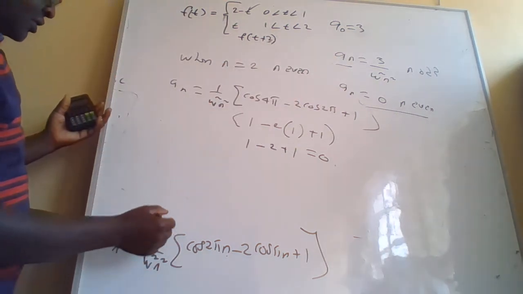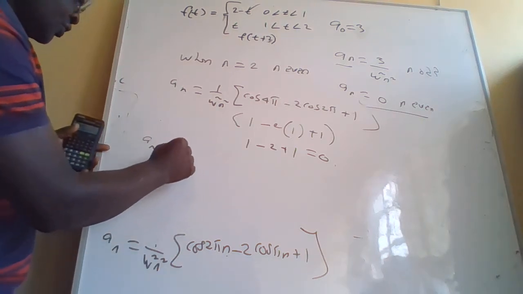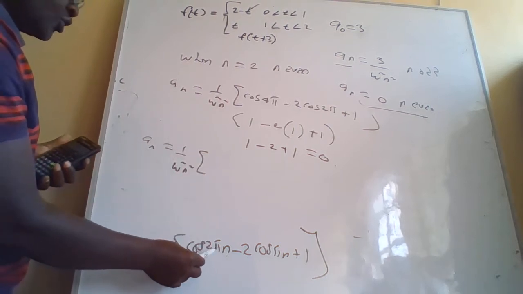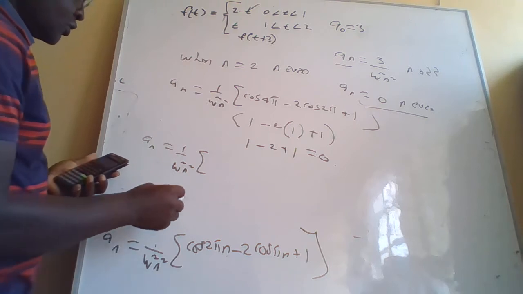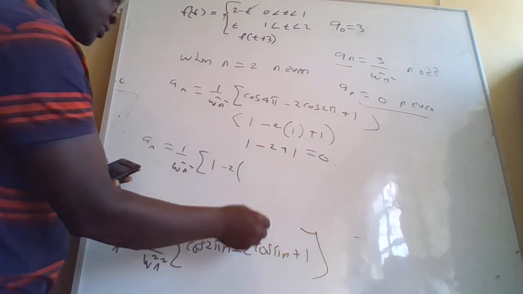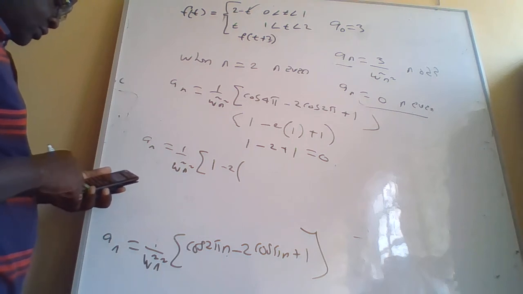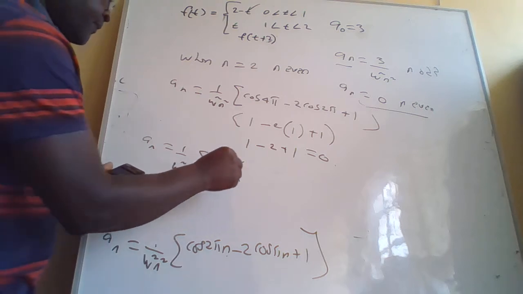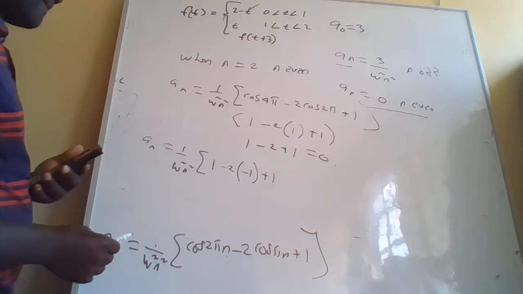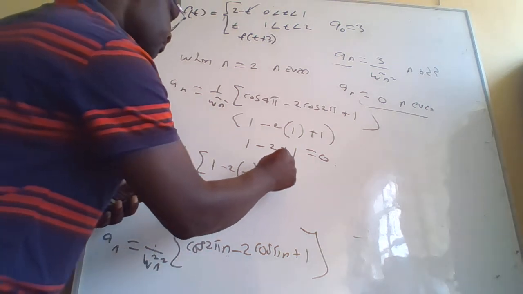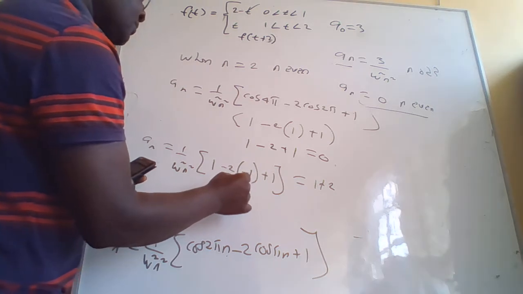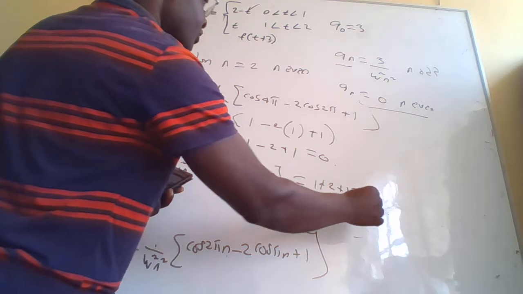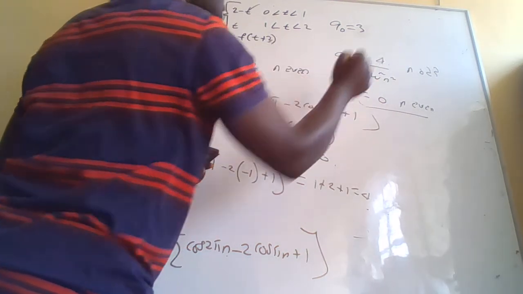When n is odd, we shall have an equals 1 all over omega squared n squared into, when it is odd it means that n is 1, so this is cos 2 pi is 1, minus 2 into this is cos pi, minus 1, plus 1, which equals 1 plus, this is 2 times 1, we have 2 plus 1 is equal to 4. So that is 4, not 3.